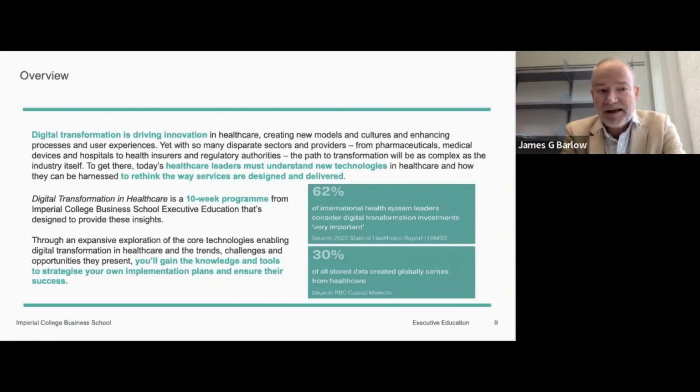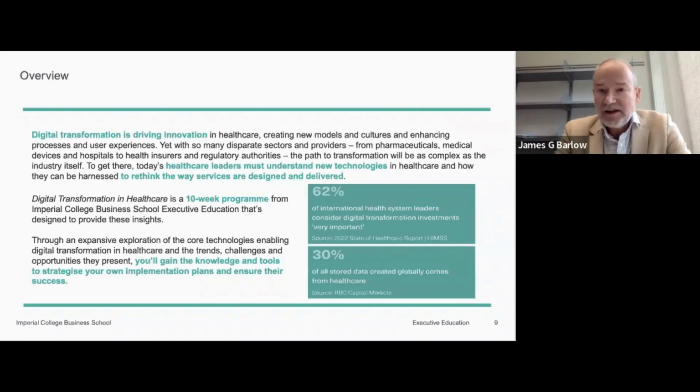Today, we don't really ever talk about e-health anymore. We talk about digital health or digital health transformation. And the difference, I think, between the two is that now the emphasis is really on the whole-scale transformation of healthcare services, how they're organised, and our relationship with them as patients or users or consumers of health products.